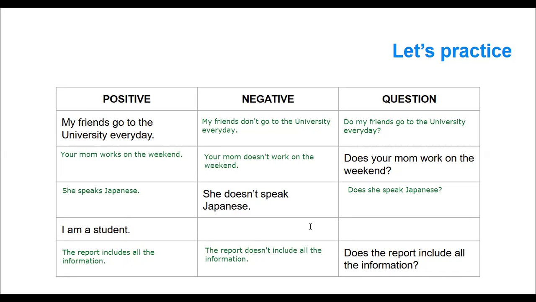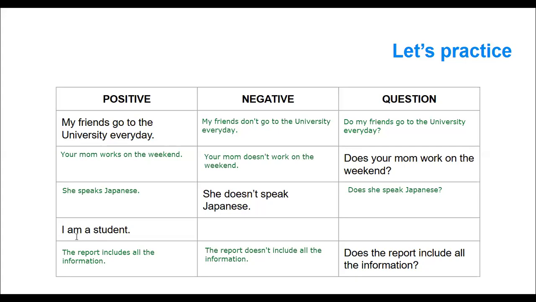¿Por qué? This is a little tricky, my friends. I am a student. ¿Qué verbo estoy utilizando aquí? ¿Y qué es am? ¿Es una forma de qué verbo? ¿O cuál es la forma original de am?